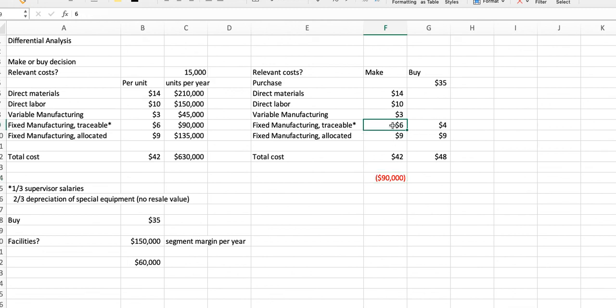For something to be relevant, they have to be different. This $4 is the same. And so we really don't want to include this in the decision. It muddies the waters and gives you information that you really don't need to make a decision. So keep that in mind as you are going through and working on these problems, and then taking this into your career and helping you solve managerial accounting issues.